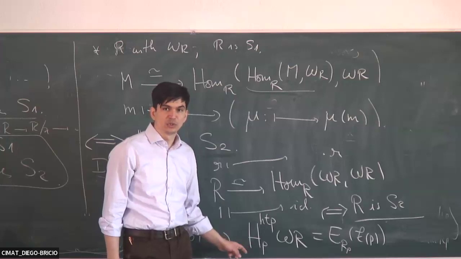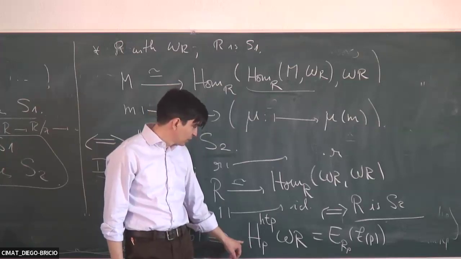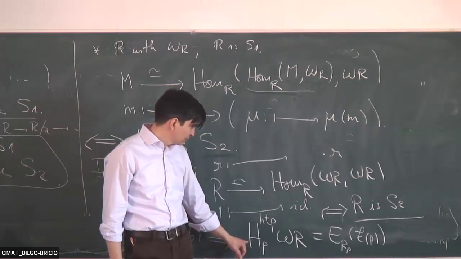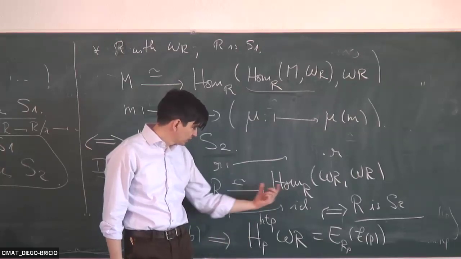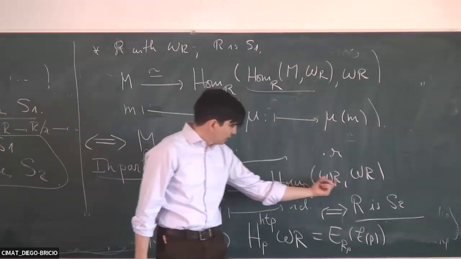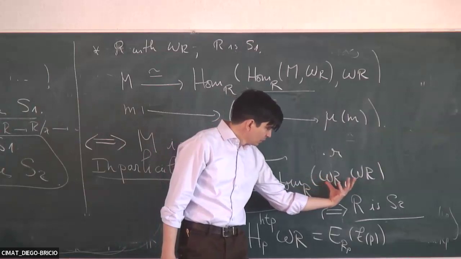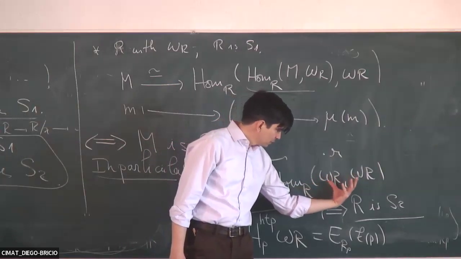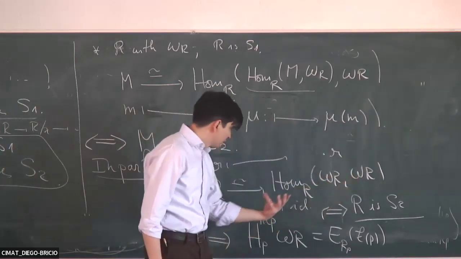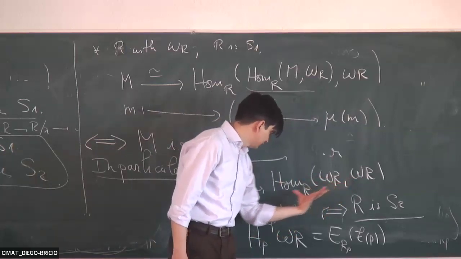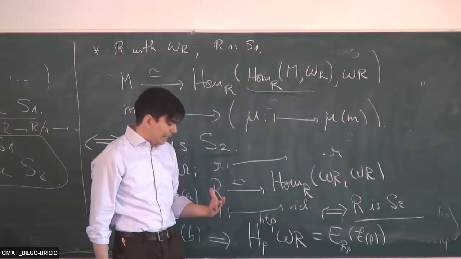I think you need S2 for this to be true, because the only proof I know of this is by using duality and the fact that this Hom set here is equal to R.